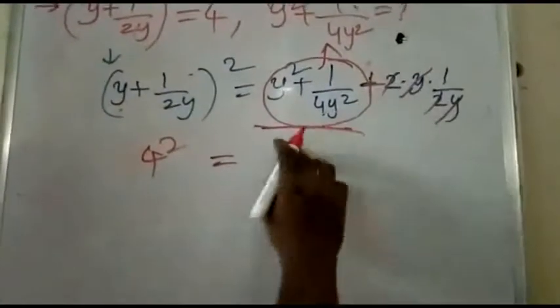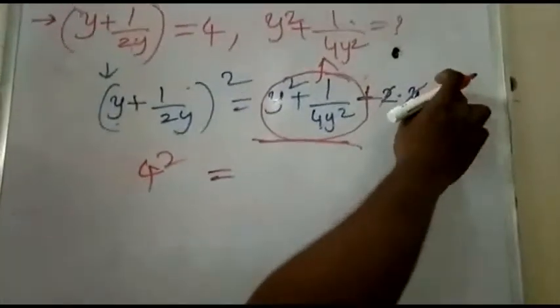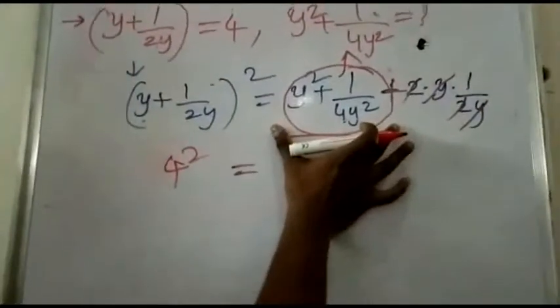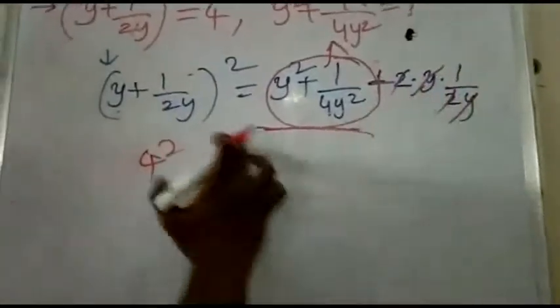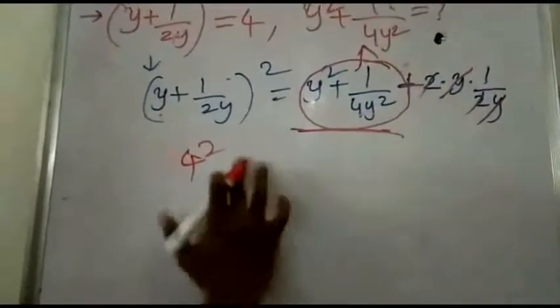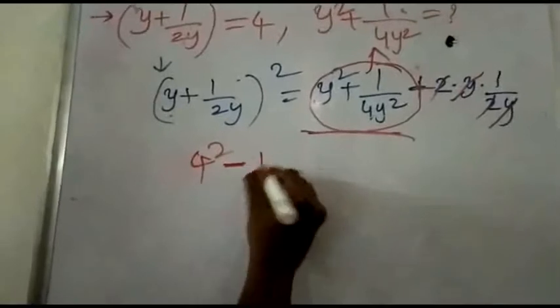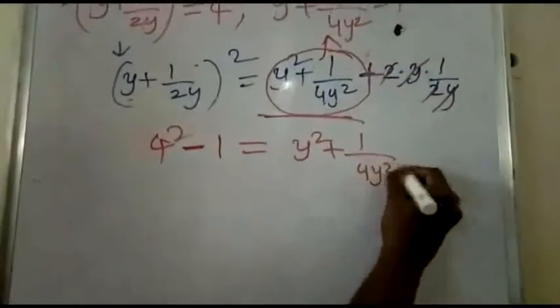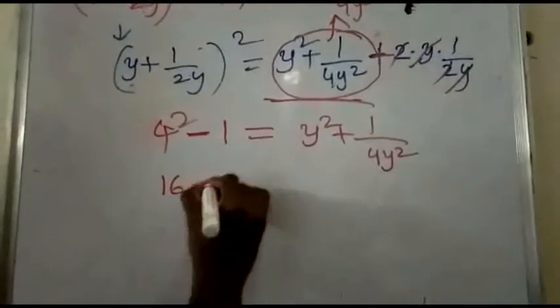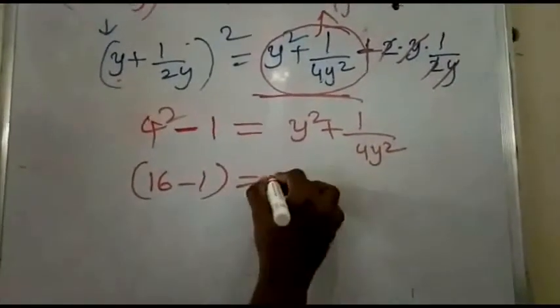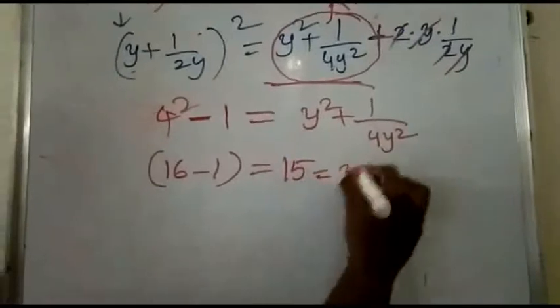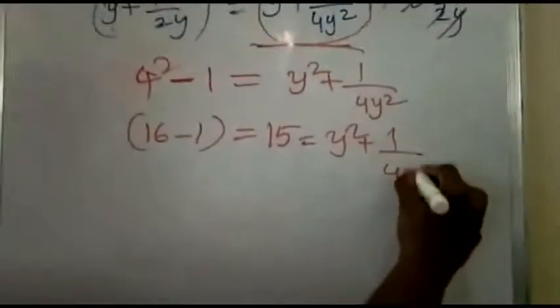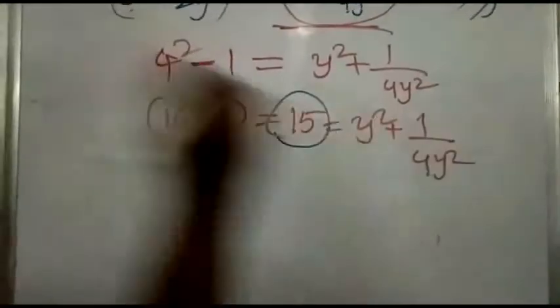So this plus 1 will be subtracted from this. 4 square minus 1 is equal to y square plus 1 by 4y square. That is 16 minus 1, which is 15, equal to y square plus 1 by 4y square. 15 is the answer.